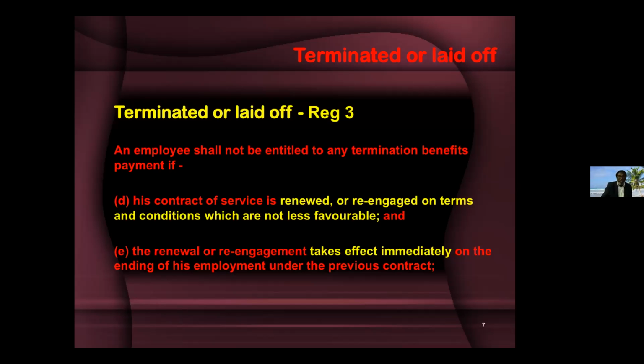So assuming that you have a 12 months fixed term contract, and the employee renews the fixed term contract, which takes effect immediately upon the expiry of the fixed term contract, obviously the employee is not entitled to any termination benefits because it is renewed successfully, immediately, under terms which are not less favorable. So under a circumstance like this, yes, the employee shall not be entitled to any termination benefits.